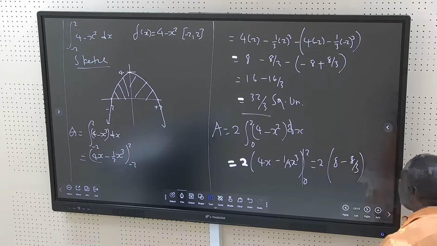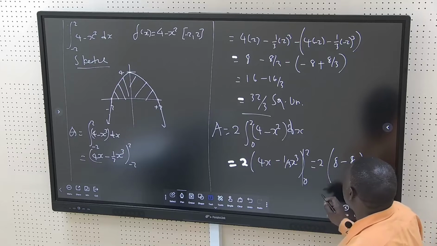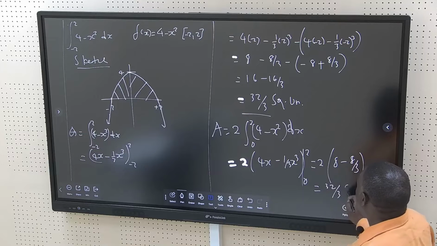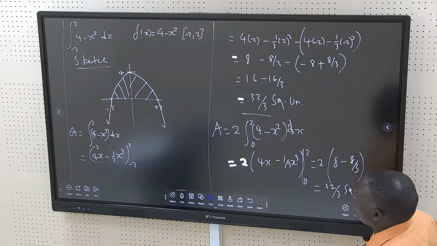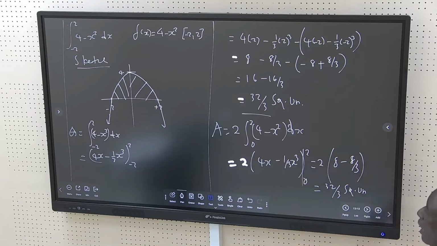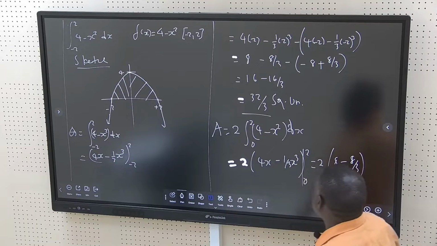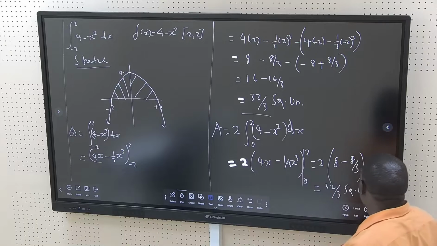You see? And you get the same, 16 minus 16 over 3, which is 32 over 3 square units. So this is an even function, and you can see the same has agreed.